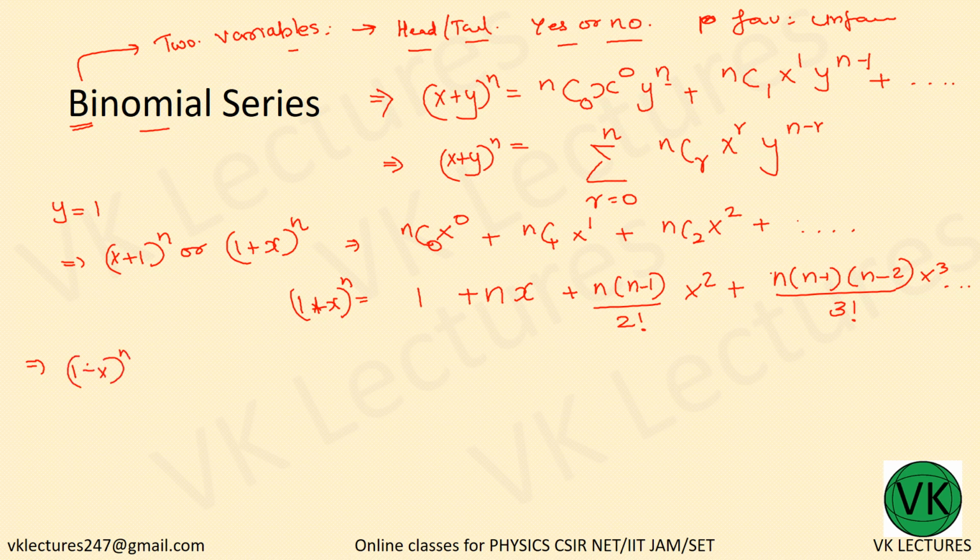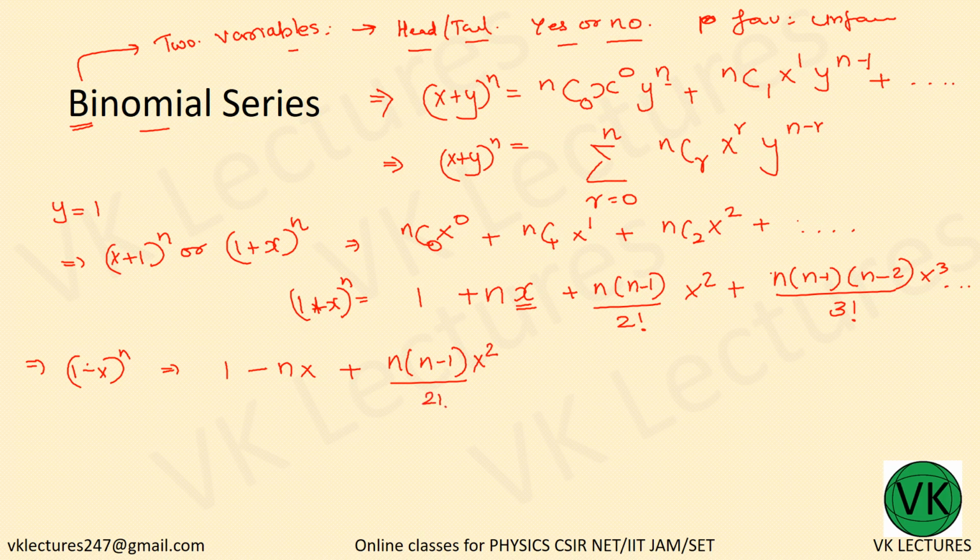What you have to change is the coefficient, that is x to minus x, then it would become 1 minus nx plus n into n minus 1 by 2 factorial x square. Here you need not change anything in the factorial.